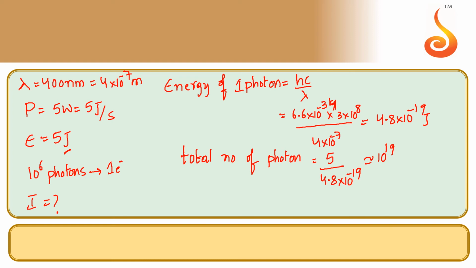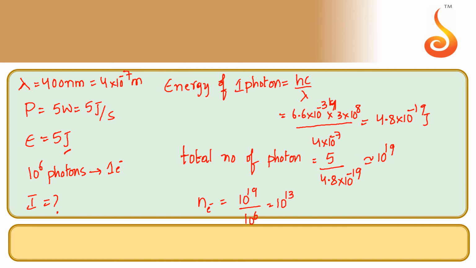Therefore, out of every 10 power 6 photons, 1 electron is being emitted. Therefore the total number of electrons emitted is equal to total number of photons by 10 power 6. We will get 10 power 13 electrons emitted.